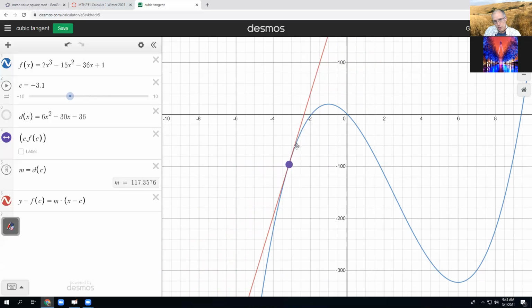So I go from 100 to 0, 0 to -70-ish. And as long as I stay on that concave down part of the curve, as x goes from left to right, my slopes are decreasing. So what I'm looking at is the rate of change of the slope. Interesting, what's that mean?